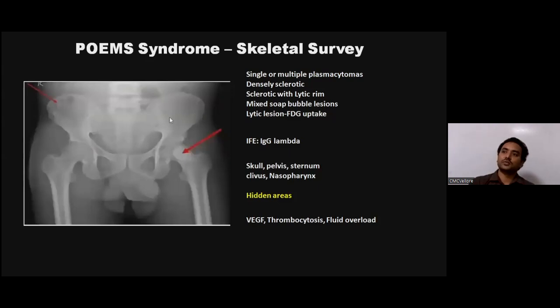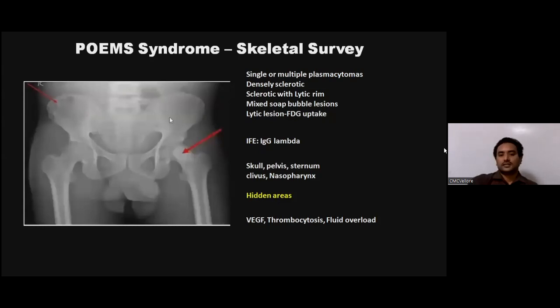Even IFE can be normal in 60% of osteosclerotic myelomas. So you won't understand why the patient is refractory to treatment and nothing comes up in the investigations. Here the most important one is the skeletal survey. Unless you do a skeletal survey, you can't pick up an osteosclerotic myeloma. The main treatment is not treating the underlying CIDP, but radiation to the osteosclerotic myeloma.